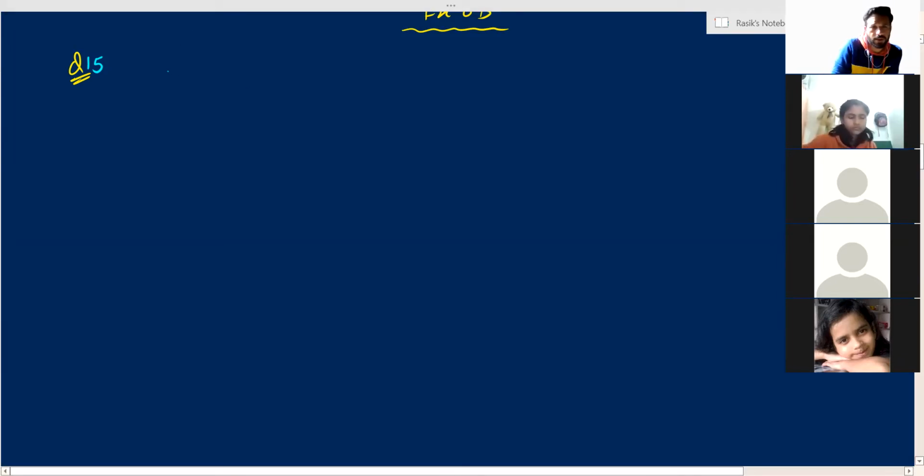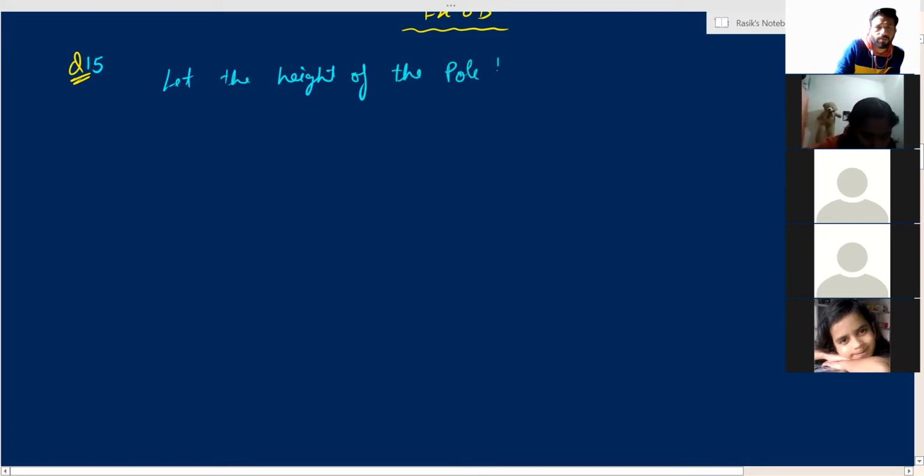We know that, first of all, let the height of the pole be x. Now, height of tree, what is the first thing? Tree. Is it a tree?